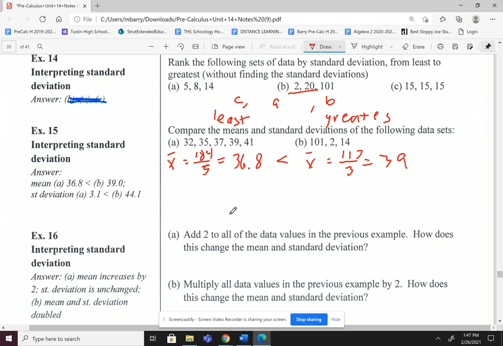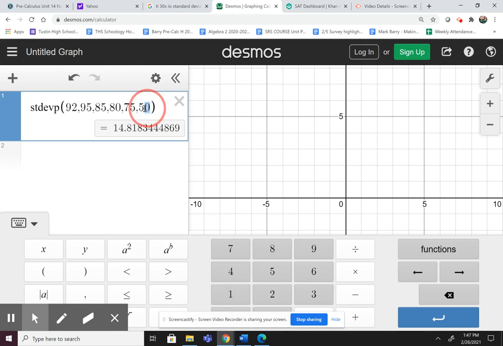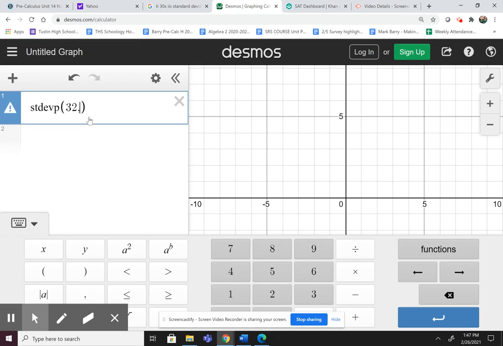Okay, so now for the standard deviations. I would go ahead and just go to Desmos for that. And I'll do my STDDEVP. Okay. So for the first set, I had 32, 35, 37, 39, 41.